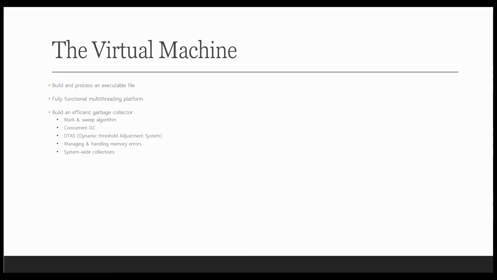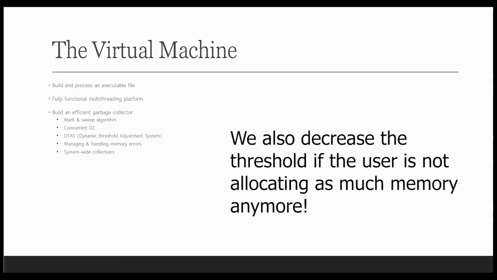Then that means that once you allocate one object over that threshold, the garbage collector is going to be running constantly forever because you're over the threshold. So I created this DTAS system to basically alleviate that. And as we allocate more memory, the garbage collector will dynamically increase the threshold.